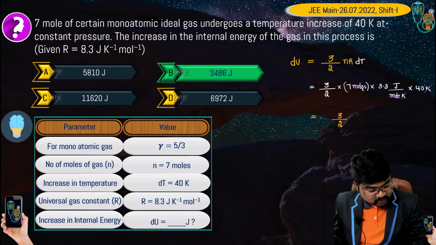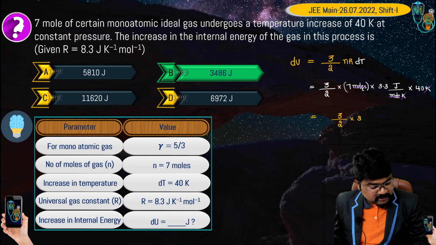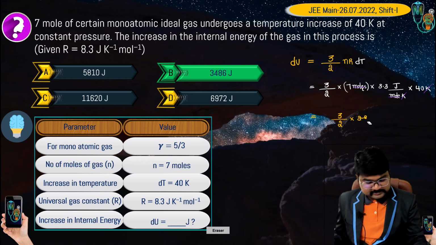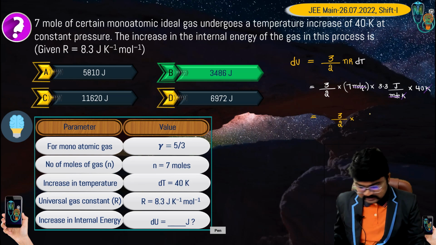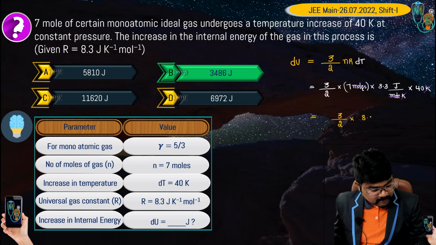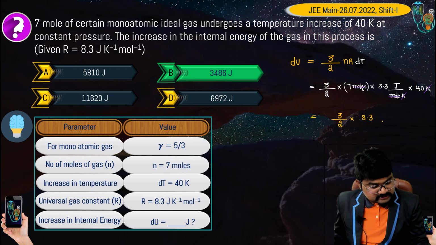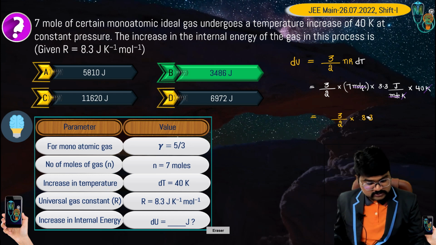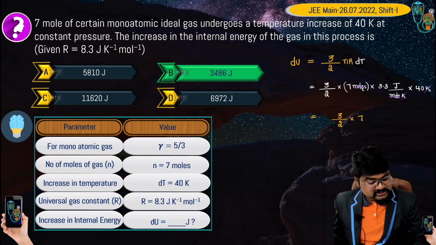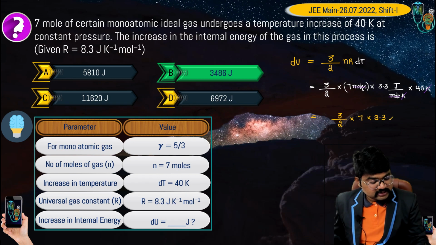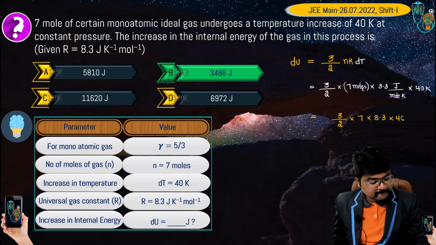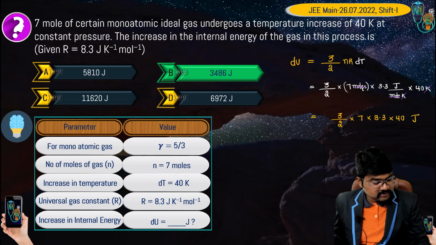3 by 2 into 8.3 into 7 into 8.3 into 40 joule.